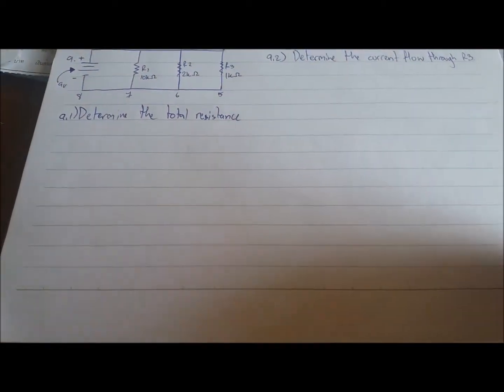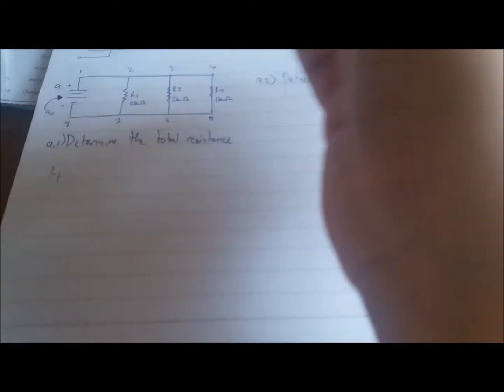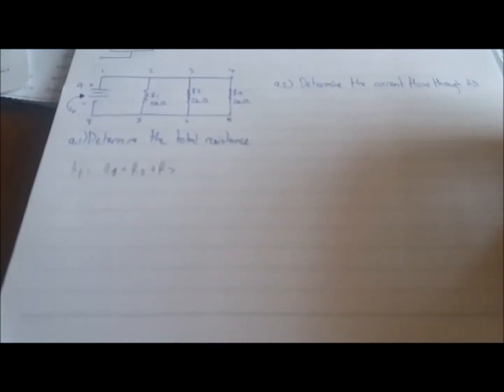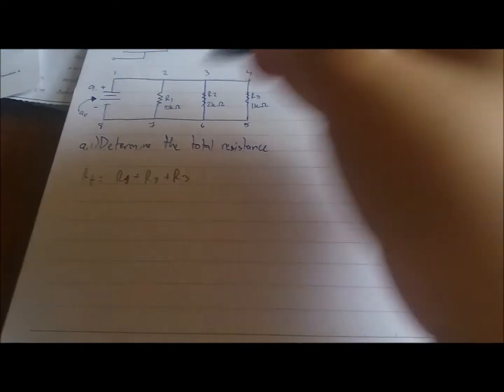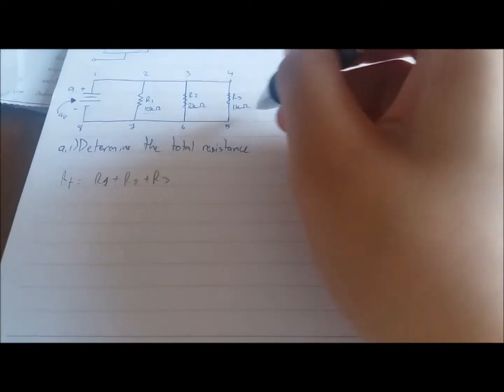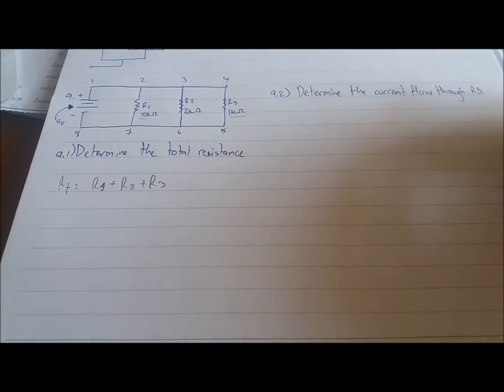For this question, we're going to use the formula of finding the resistance in each row, where the total resistance equals row 1 added with row 2 and row 3. And as you can see, we are given the total resistance or ohms.